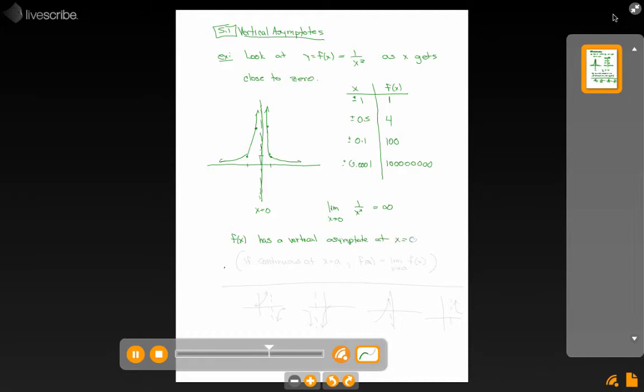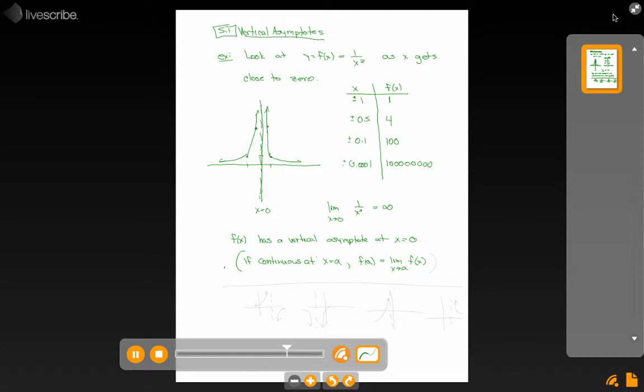Clearly it's not continuous there. You have to lift your pencil to draw the rest. If you don't remember our continuity definition, you basically said if you're continuous at x equals a, then f of a has to equal the limit as x approaches a of f of x.